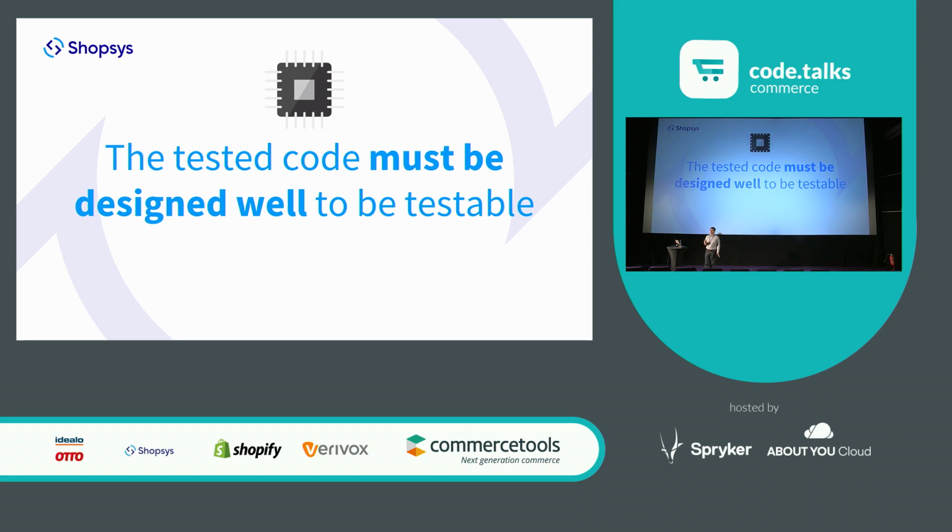But the code you are testing has to be written in a specific way. This can be seen both as an advantage, because it forces us to design our code well. But on the other hand, let me see a show of hand who ever worked with a legacy application. Right?